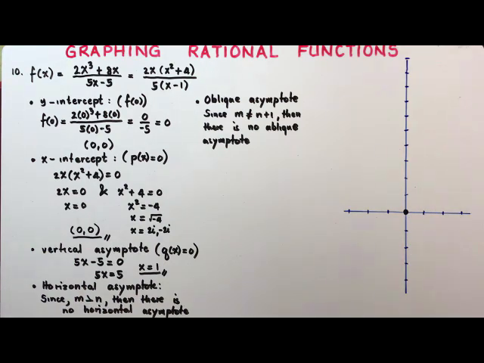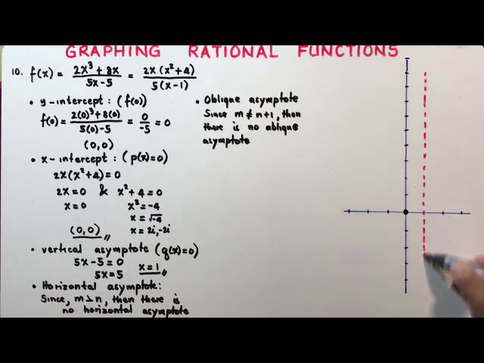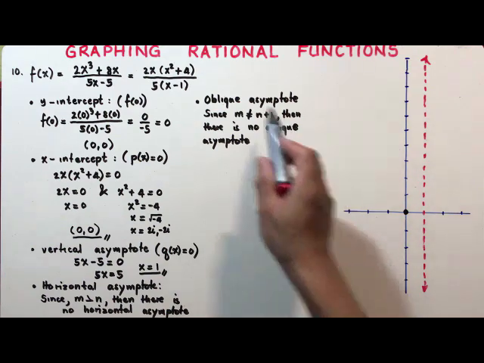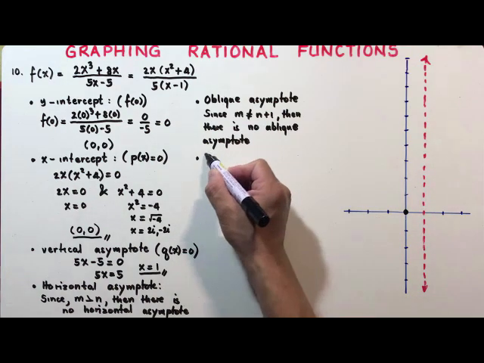And also we can plot the vertical asymptote, which is 1 unit to the right of the y-axis here. And since we don't have the horizontal asymptote and oblique asymptote, then that is the only information we can get from this one. So in order to have a full grasp of the behavior of the function, we may plot some additional points here.